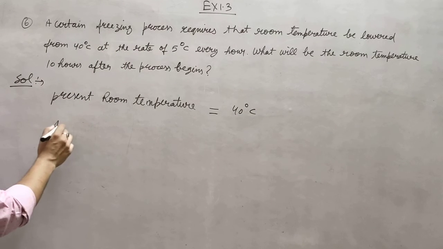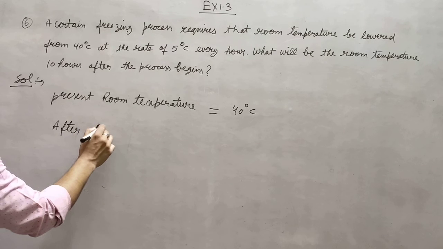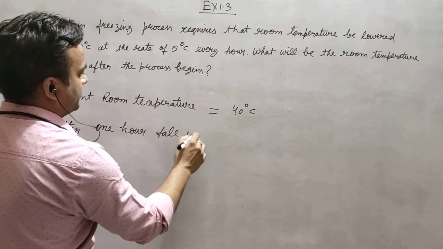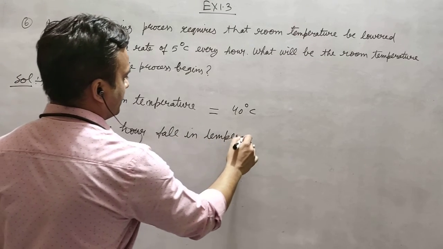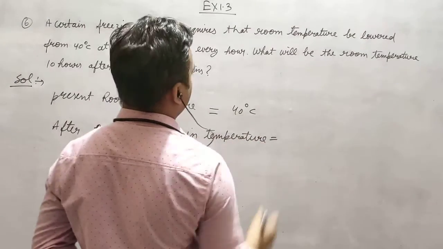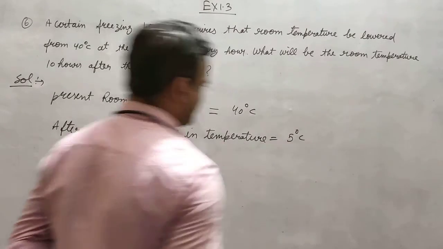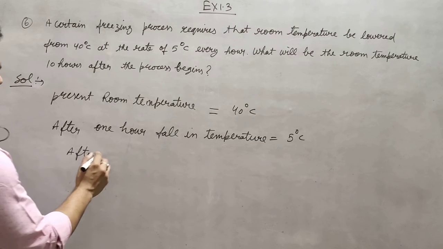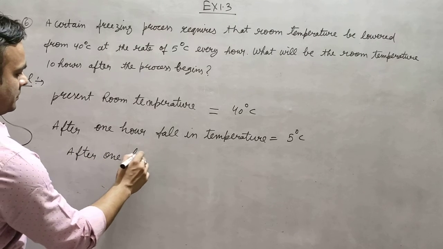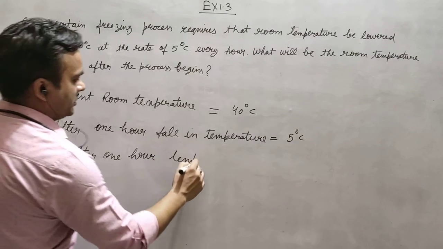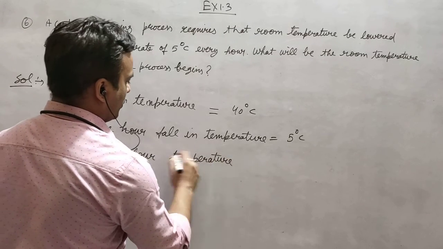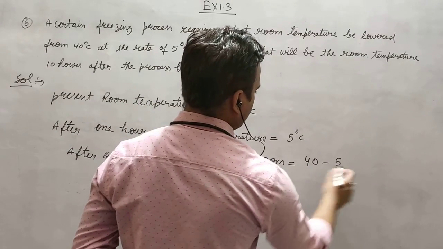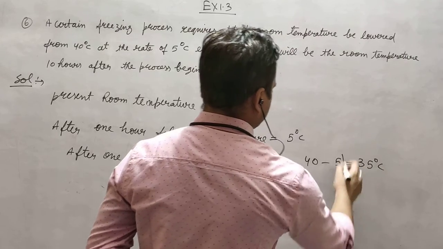And after 1 hour, fall in temperature is equal to 5 degrees Celsius. Then we will write here after 1 hour temperature of room, it will be 40 minus 5, so it is 35 degrees Celsius.